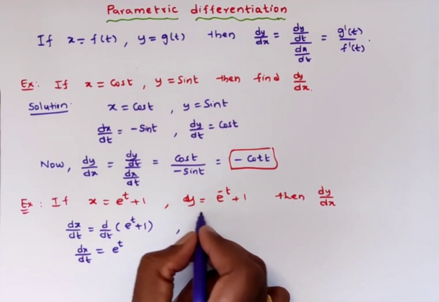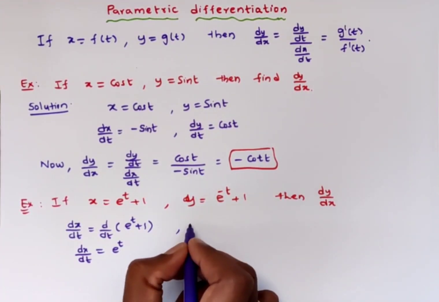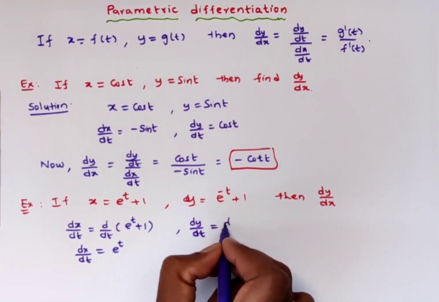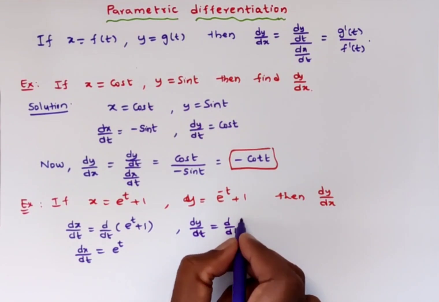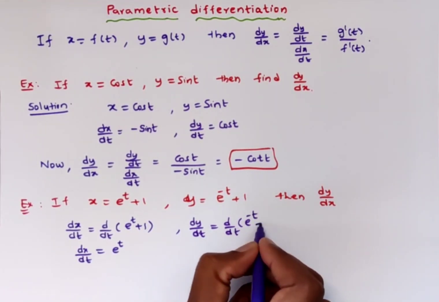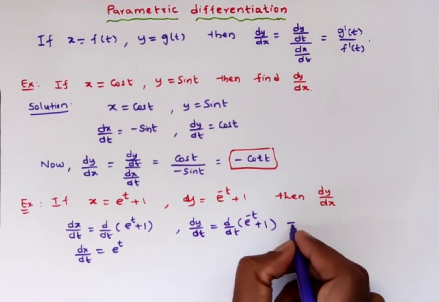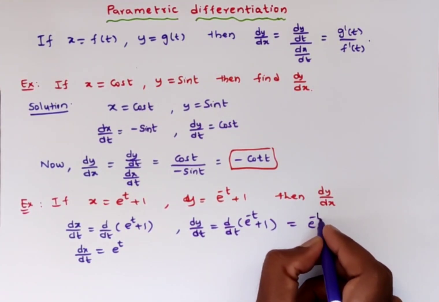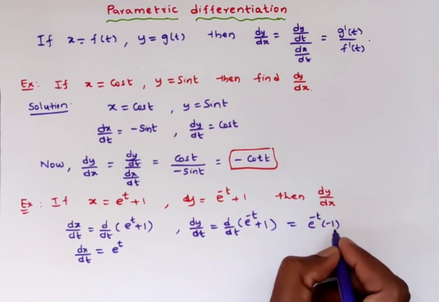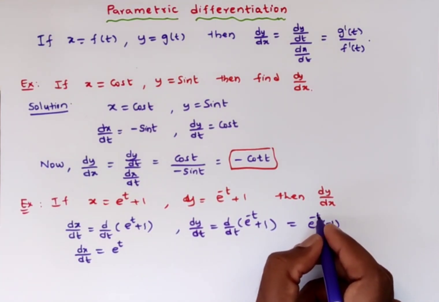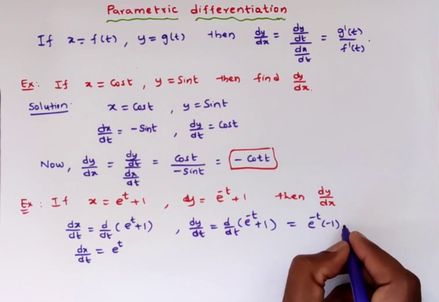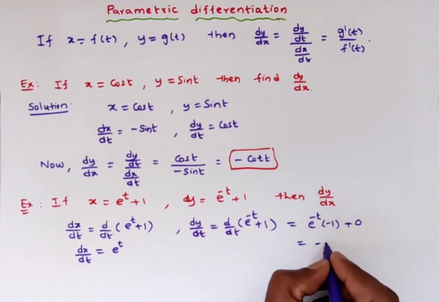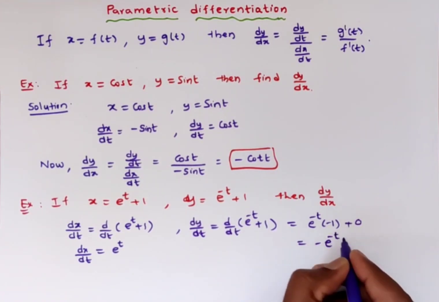Now y is e power minus t plus 1, so dy by dt is the derivative of e to the power of minus t plus 1. The derivative of e power minus t is e power minus t into minus 1, since you apply it for minus t, plus the derivative of 1, which is 0. So finally this is minus e to the power of minus t.